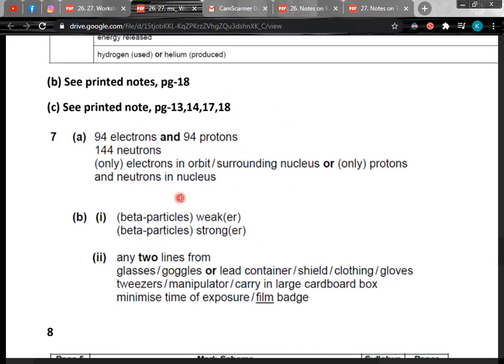So you write this only there. Electrons orbit the nucleus, or protons and neutrons stay in the nucleus. So are you writing?